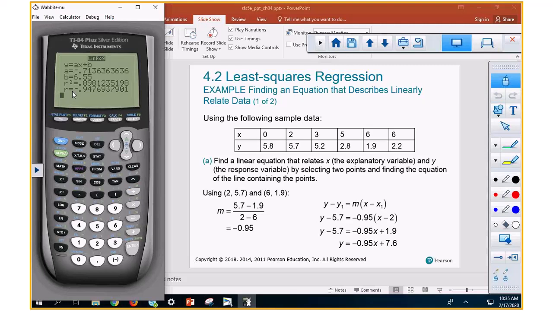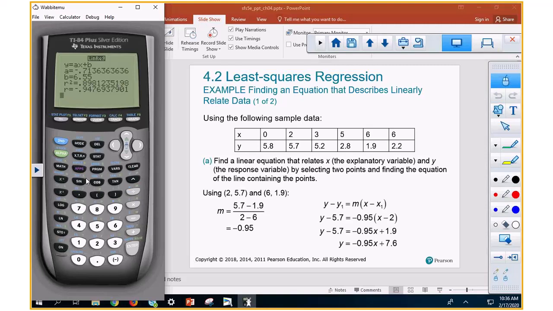Somebody tell me what is the correlation of this line? It's a very strong negative correlation, negative 0.95. Very strong negative correlation. Now I need y'all to write that down. Y is equal to negative 0.71x plus 6.55. Y'all got that down?